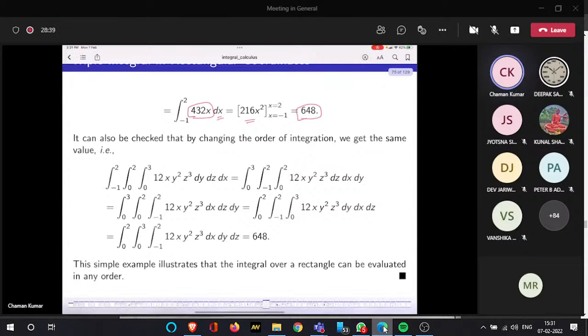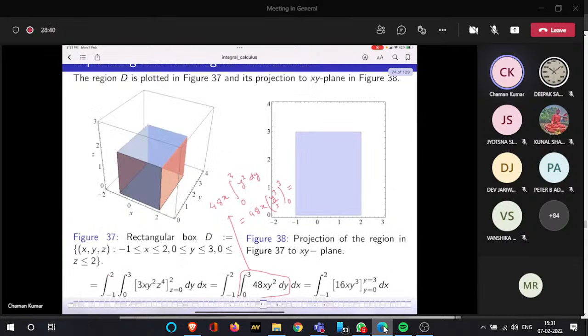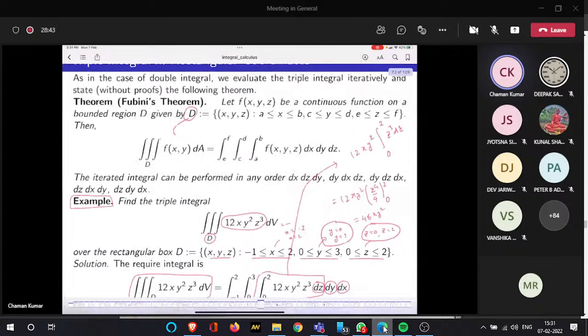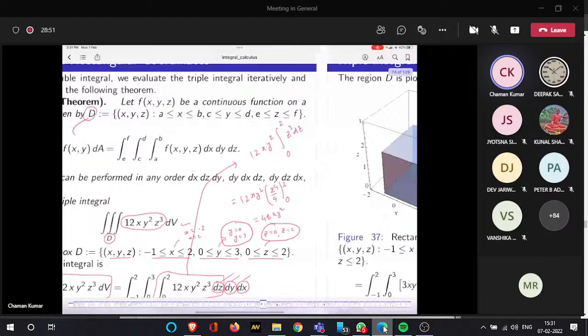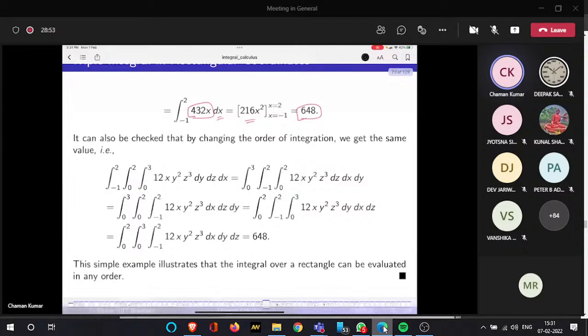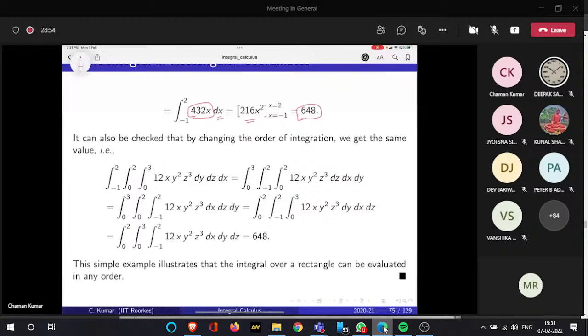So instead of integrating with respect to z first, then y, and then x, you integrate in a different order. Let's say with respect to y, then z, and then x. So with respect to y, you identify the limit.